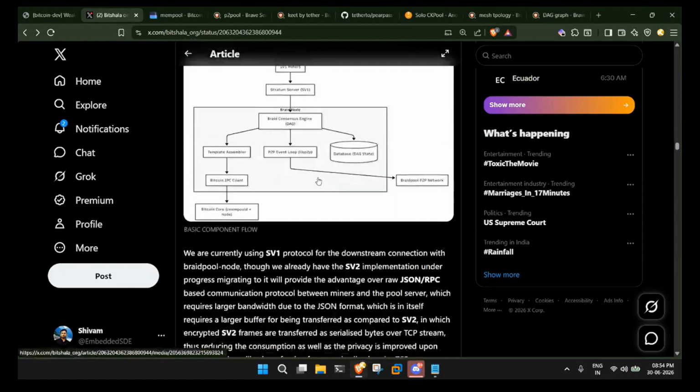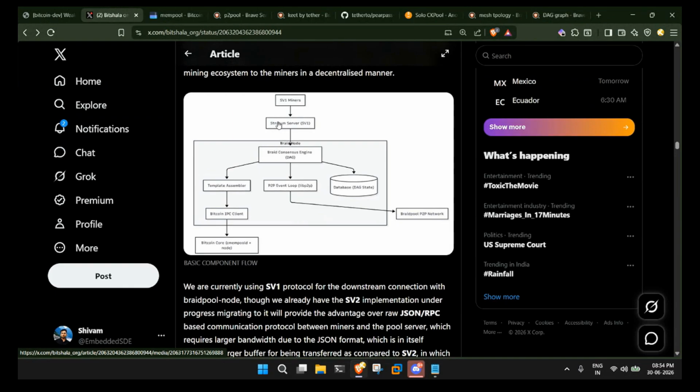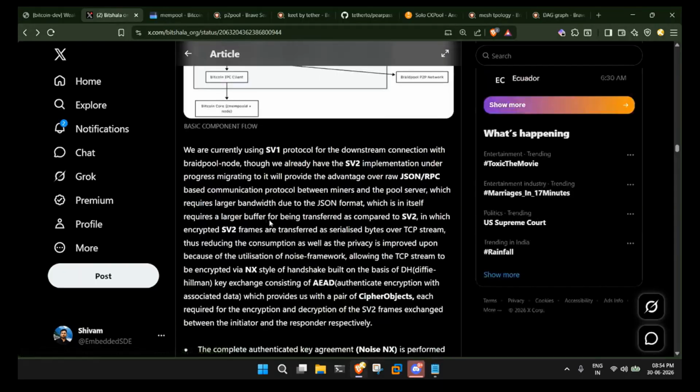You will find the whole architecture details. It uses the same Stratum V1 which we discussed, and this is the DAG engine which will be running in your braid node. So this is your node. Then it goes to the P2P network, whatever the event loop is doing. This is more from the coding perspective.